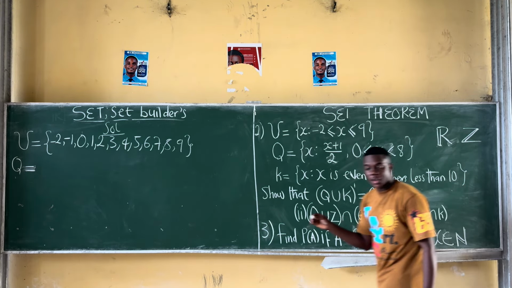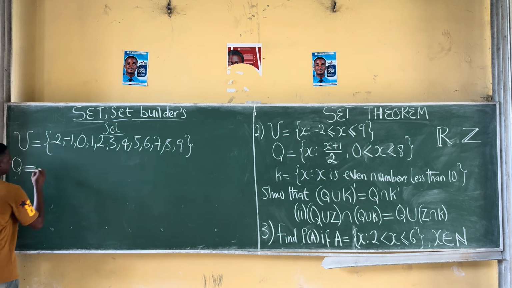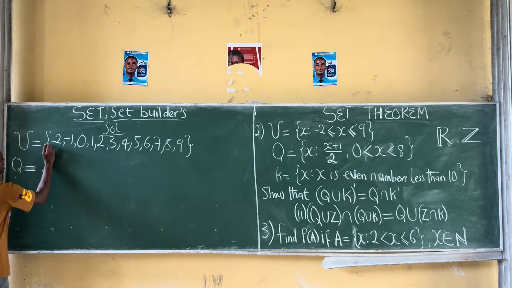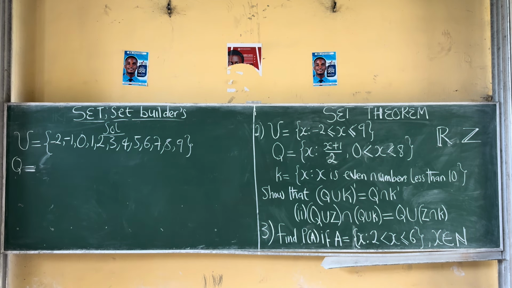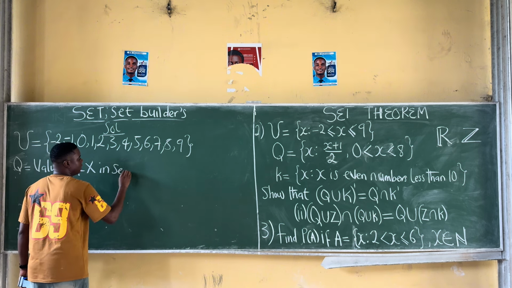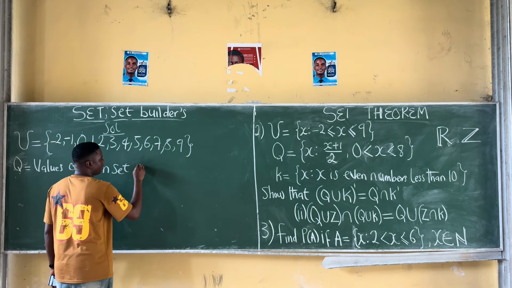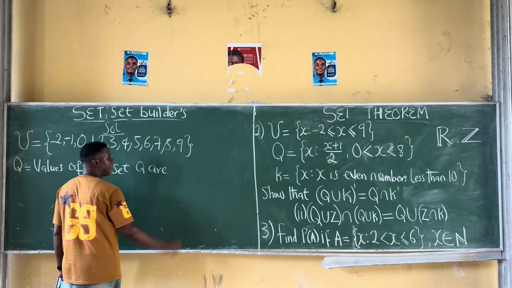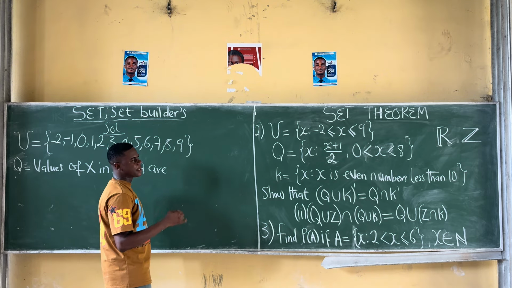Okay? So for Q, the values for X in Q are, let me just do this first, so I don't confuse you. Alright, so this is for Q. Now, values of X in set Q are numbers greater than 0 and less than 8.